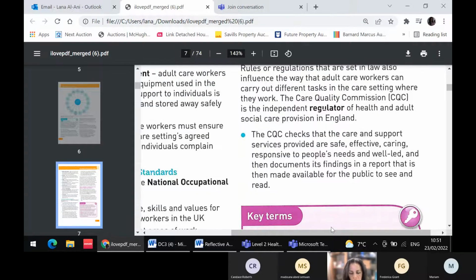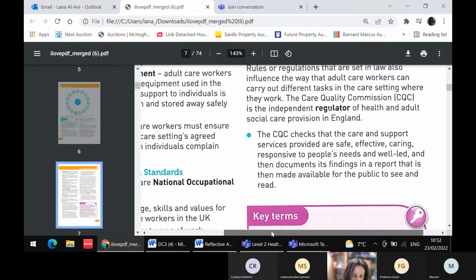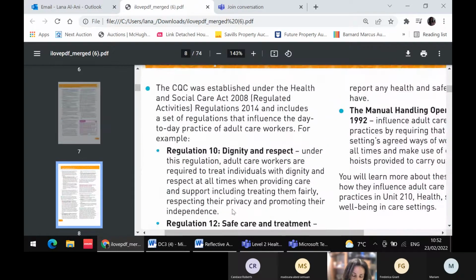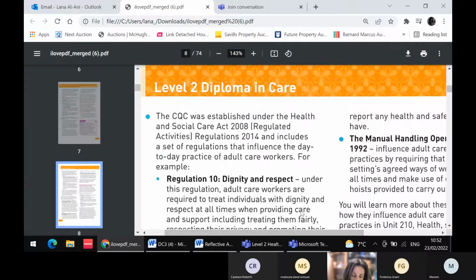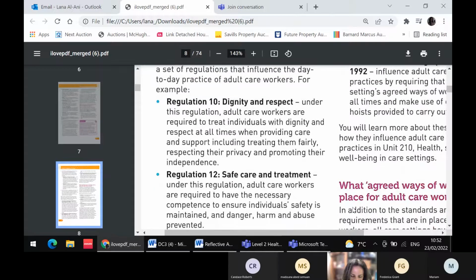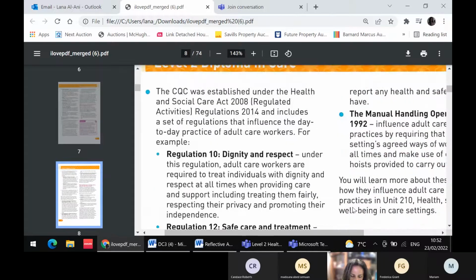About how to keep people safe, how to work effectively, how to take care of them, what people need, how you can make sure of their well-being, and also how to write their documents and how to create and generate reports. So as you can see here, we have two regulations.